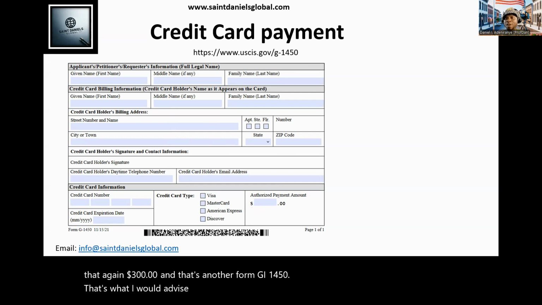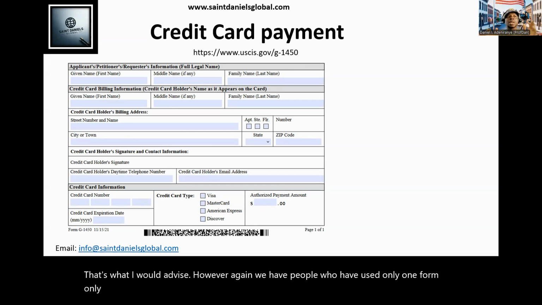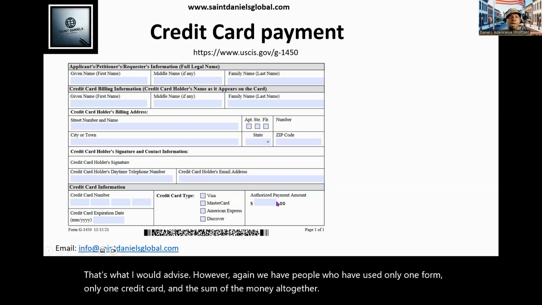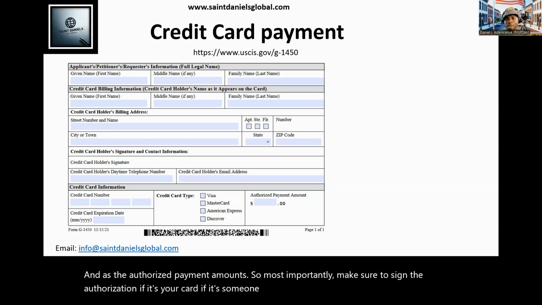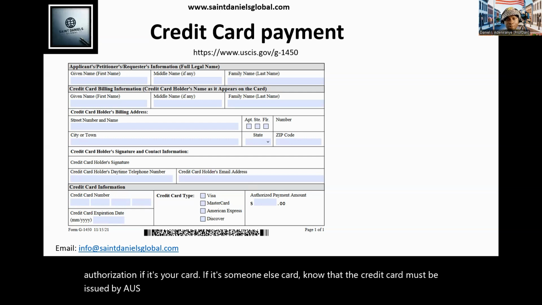However, again, we have people who have used only one form, only one credit card, and they sum all the money all together, and that's the authorized payment amount. So, most importantly, make sure to sign the authorization. If it's your card, if it's someone else's card, know that the credit card must be issued by a US bank. Very important.